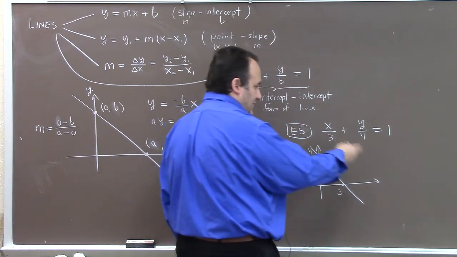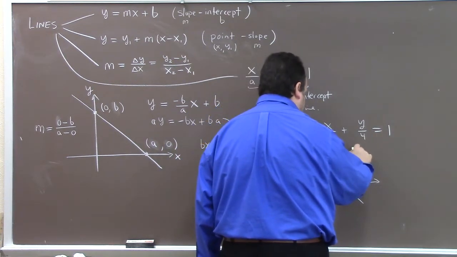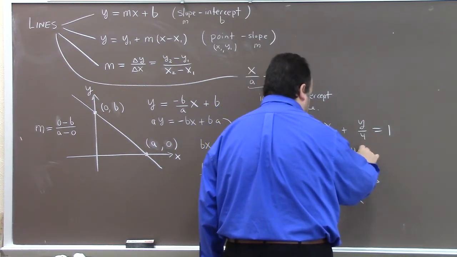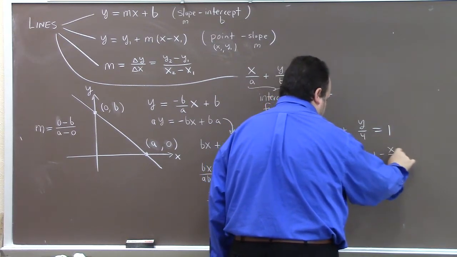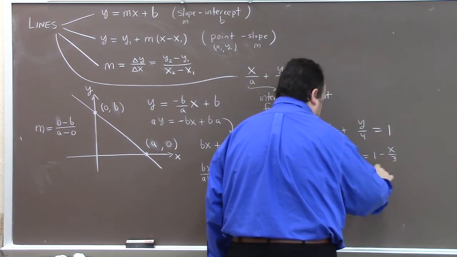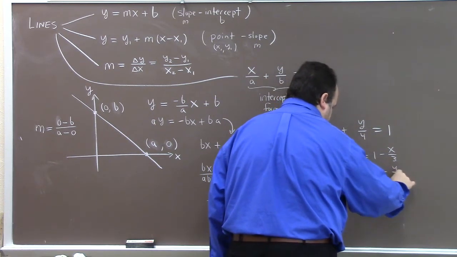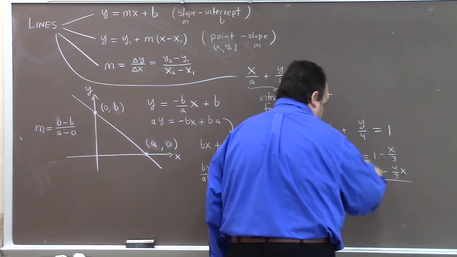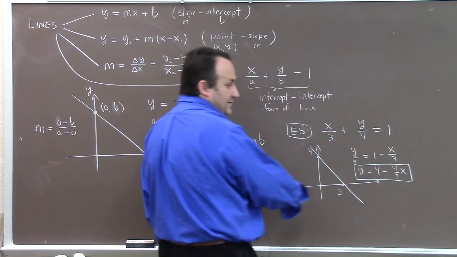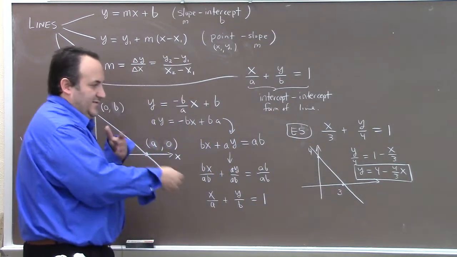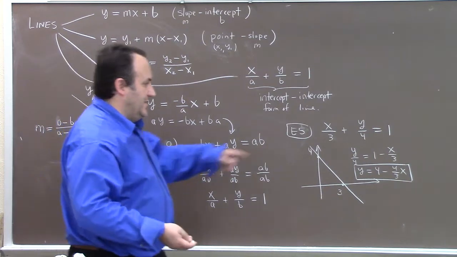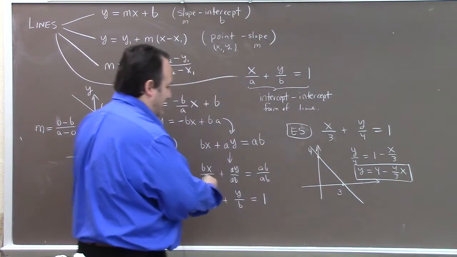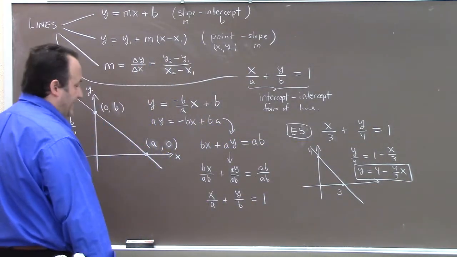You could solve this: y over 4 is 1 minus x over 3. So y is equal to 4 minus 4/3 x. So you can see that that line has a negative slope of negative 4/3. It's got a y-intercept of 4, right? But I knew that immediately from this general derivation.